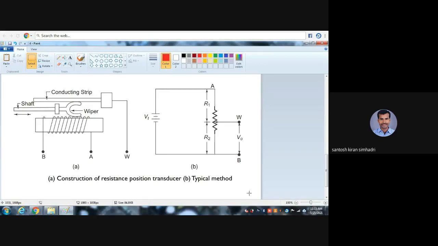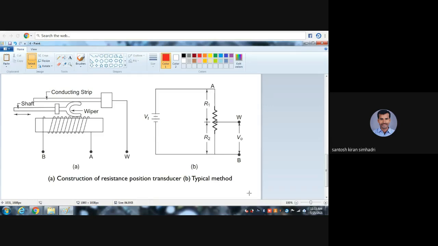The principle of the resistive transducer is that a physical variable under measurement causes a resistance change in the sensing element. A common requirement in industrial measurement and control work is to be able to sense the position of an object or the distance it has been moved. That is the discussion about the resistance position transducer. There is also a model circuit diagram.